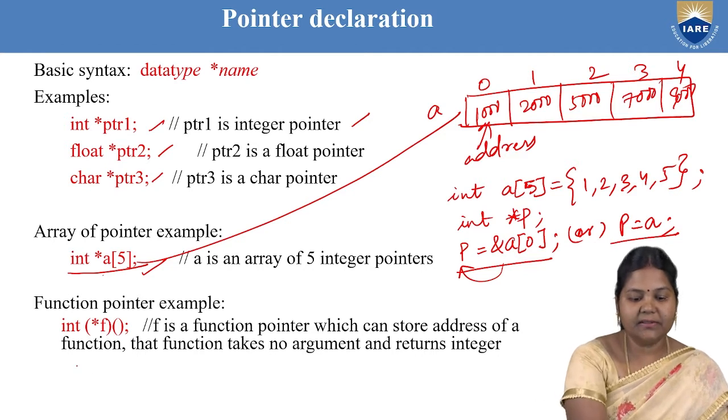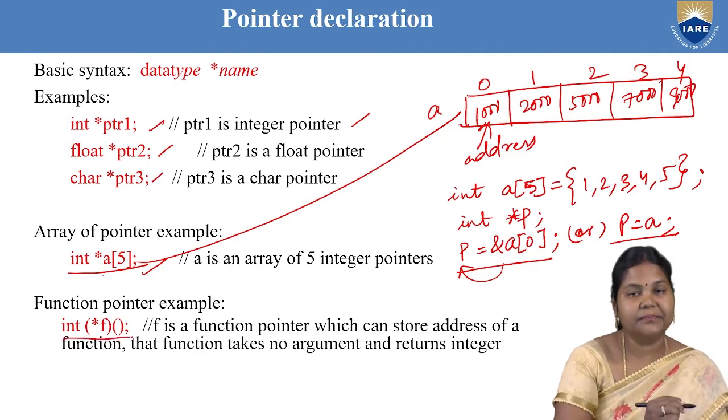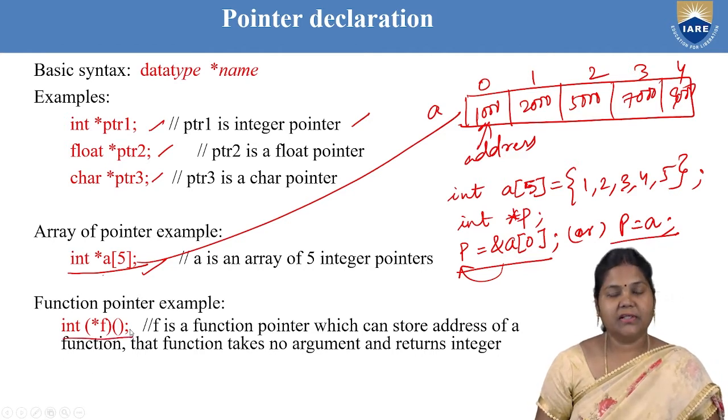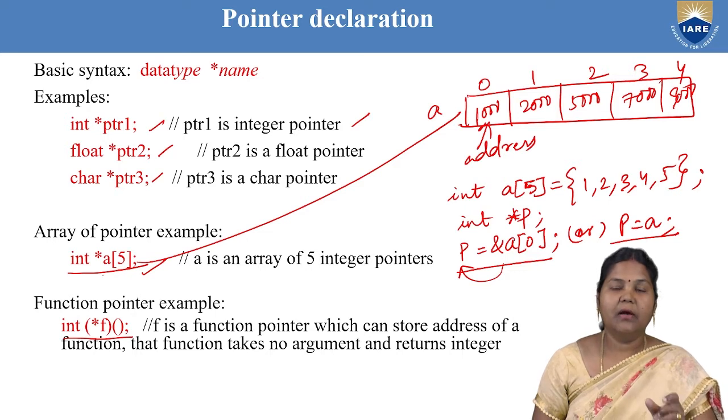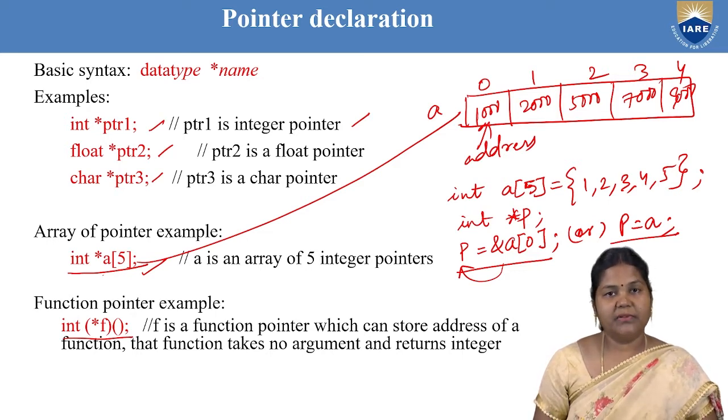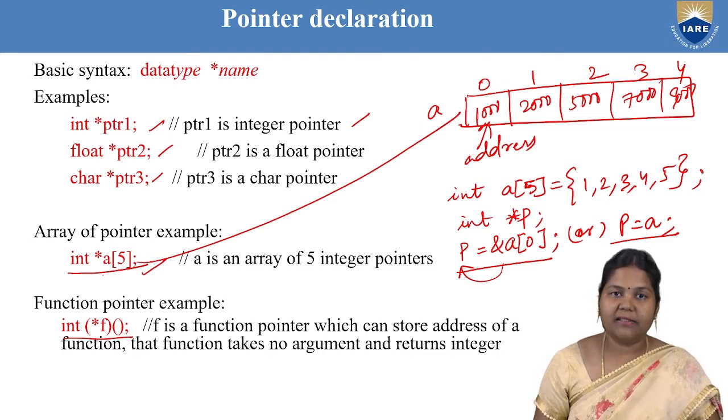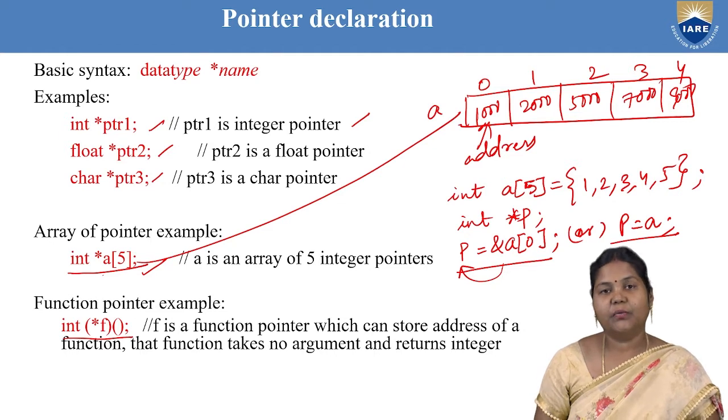Next example is called a function pointer. Suppose there is a function and we want to store the starting address of the function. Then how will you declare? Every function will follow a certain type, a certain category, like with argument, with return type, with argument, no return type. So there are 4 categories, or 4 ways to write a function.